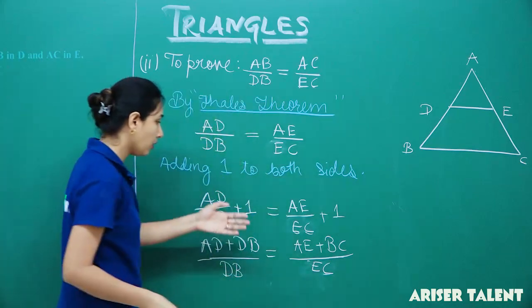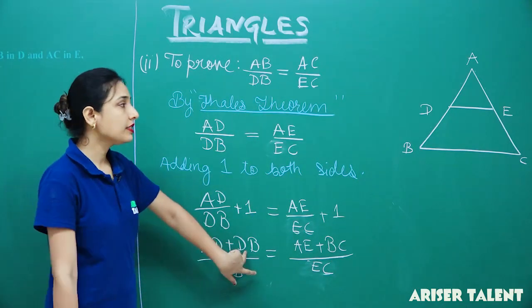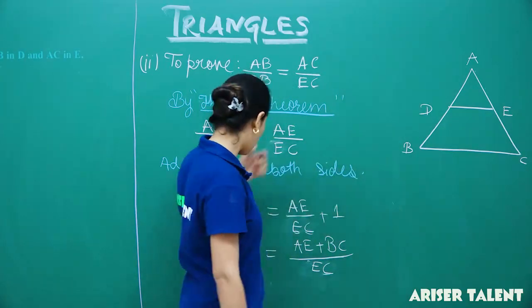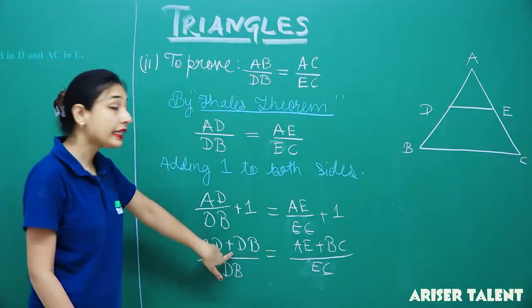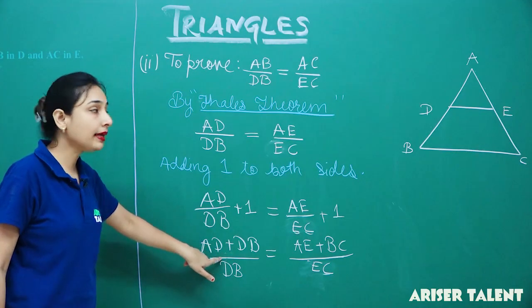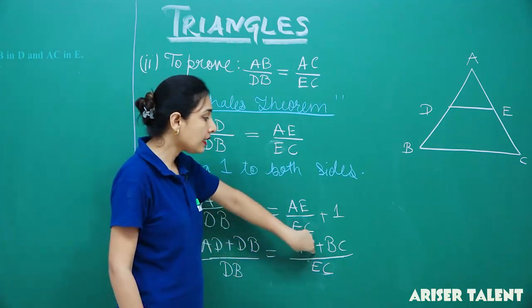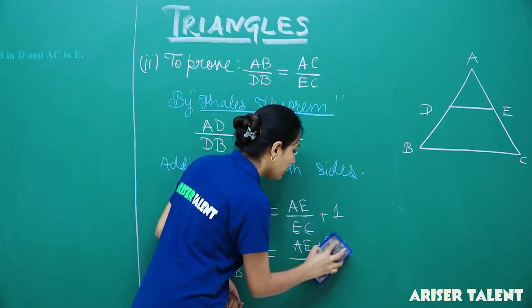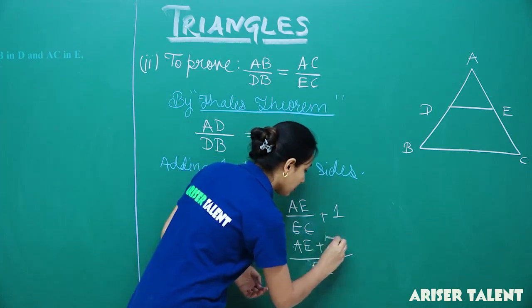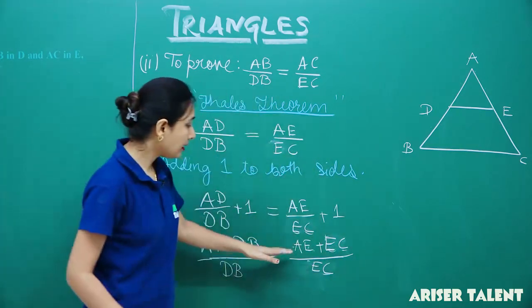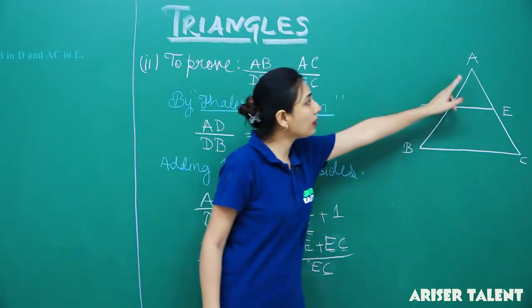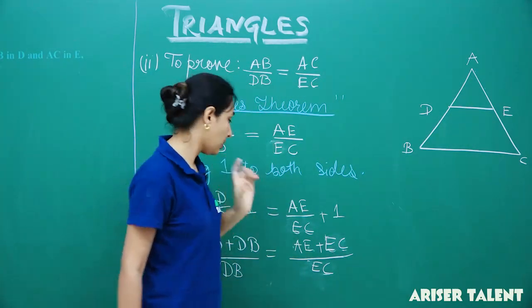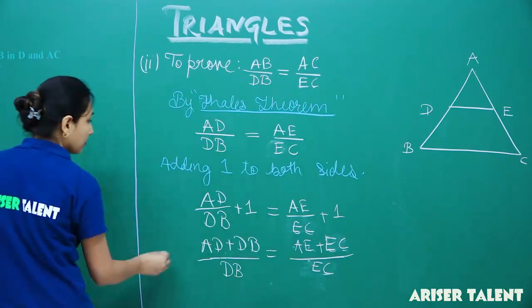Now, what is AD plus DB? Look at this, we have done this before. AD plus DB is AB, so here we will replace this term by AB. Now, AE plus EC, here also it will be EC. AE plus EC will become AC.